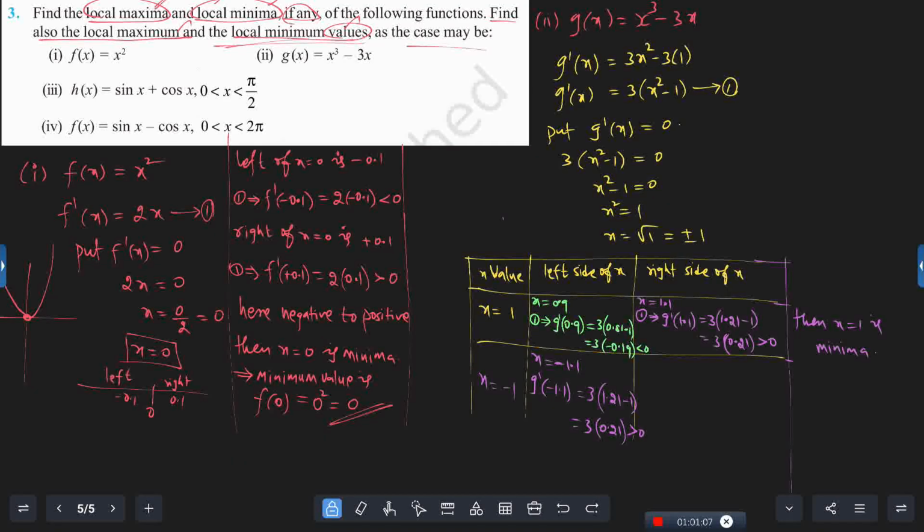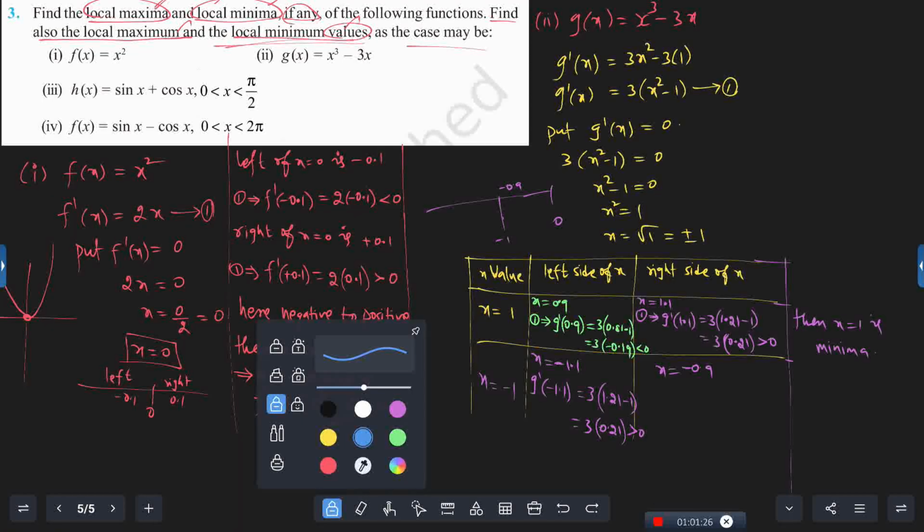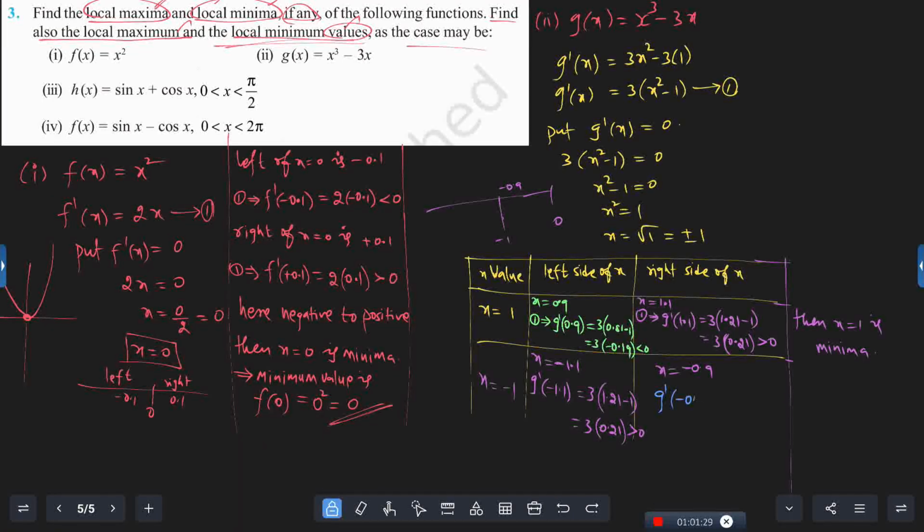Then on the other side of minus 1, we take minus 0.9. g dash of minus 0.9 equals 3 into (0.81 minus 1), which is 3 into minus 0.19, less than 0.